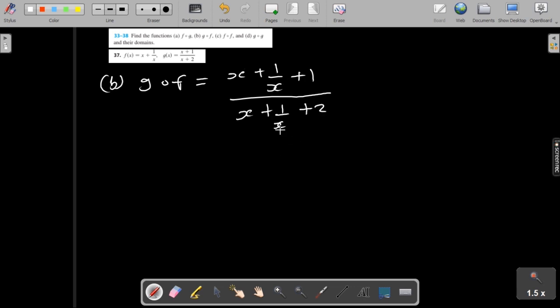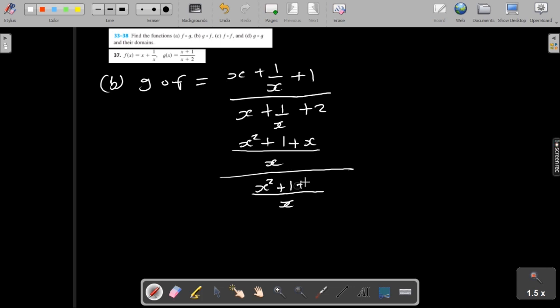We can deal with the top and the bottom separately. At the top, we can use a denominator of x. Then we're going to have x squared plus 1, there's x. At the bottom, we can do the same. Have a denominator of x. Then it will lead to x squared plus 1 plus 2x. At this point, we can just multiply the top part by the reciprocal of the bottom part.